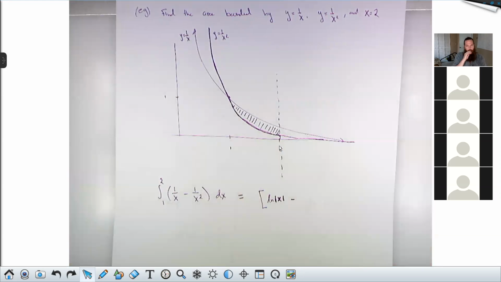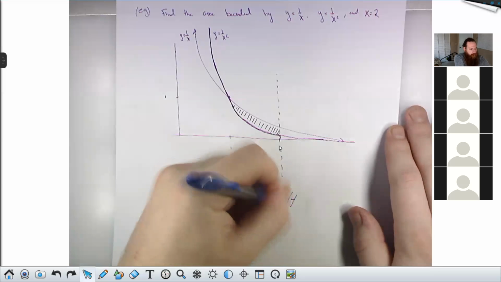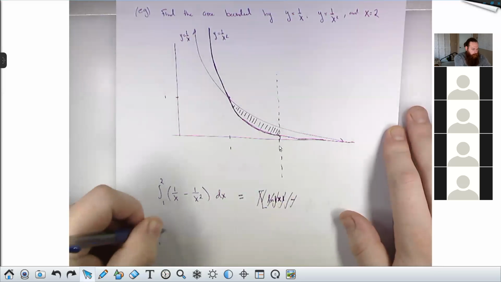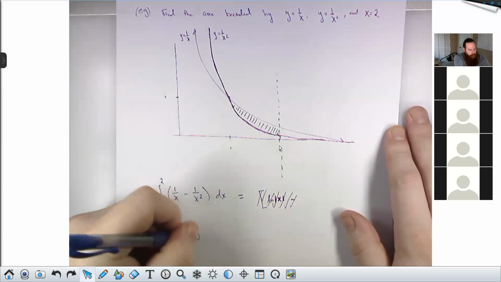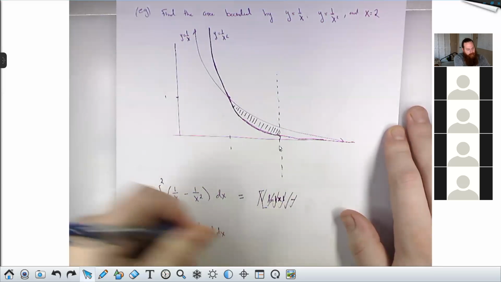We can rewrite it as x to the negative second. All right, let's maybe do it like that then. So I'll split this up. I'll treat it as the integral from 1 to 2 of 1 over x dx minus the integral from 1 to 2 of x to the negative 2 dx.